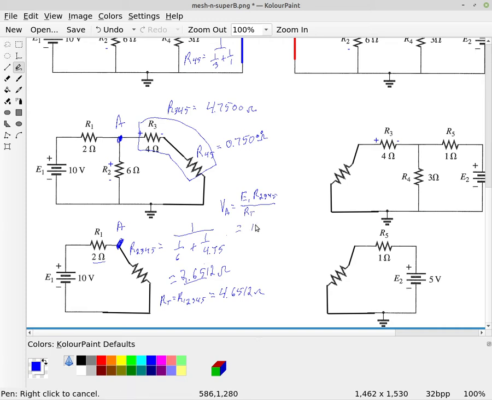So that's 10 volts times 2.6512 divided by 4.6512. That'll give me the voltage at node A. And then if I find the voltage at node B, I'll have the voltage across the resistor R3, and then I can find the current through resistor R3. So let's calculate this.